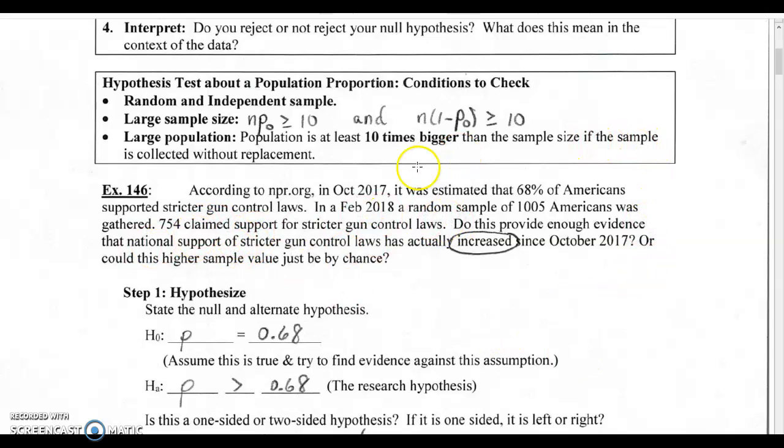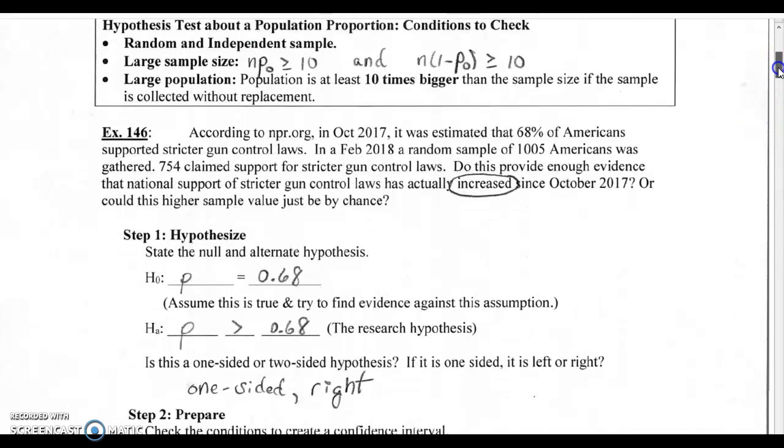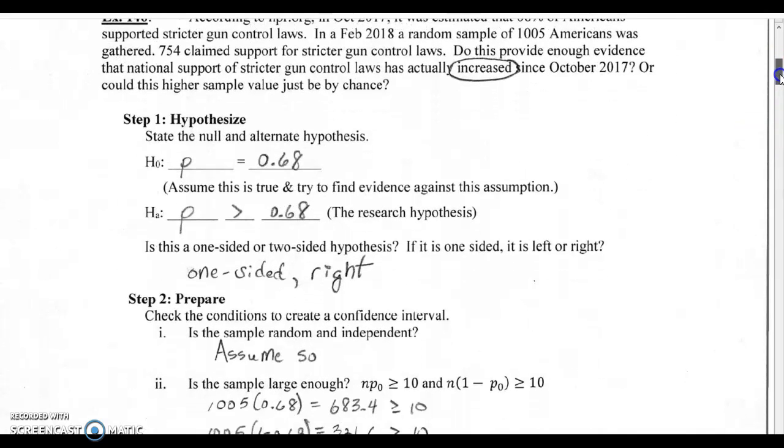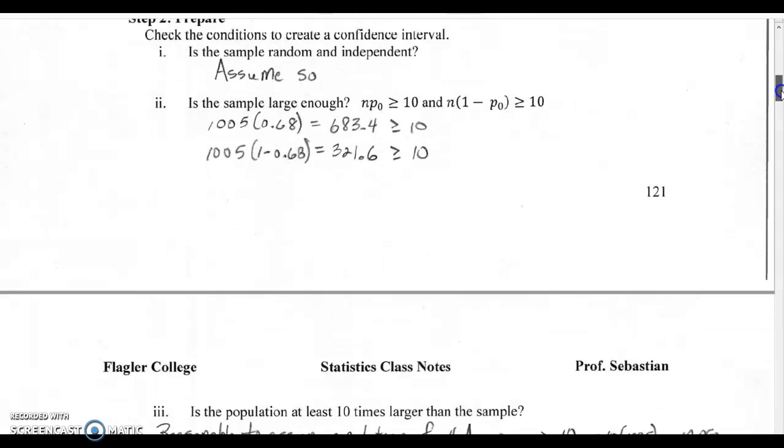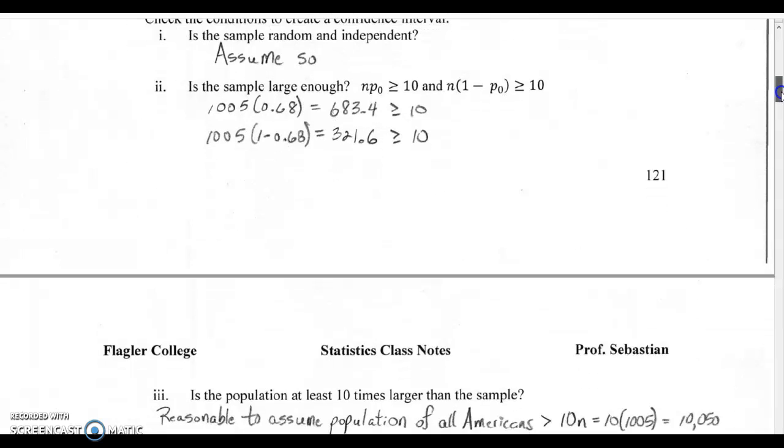So we want to know if that sample is enough to say we have statistical evidence to show that there has been an increase in Americans' opinions on stricter gun control laws.